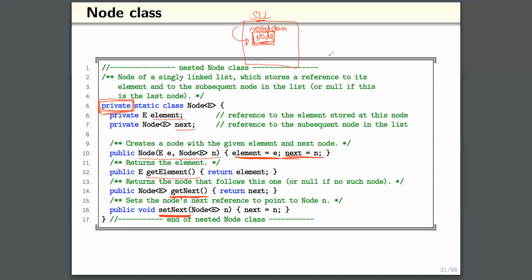But you see a lot of textbooks where node is outside SLL. Ideally, that does not satisfy this pure concept of encapsulation in object-oriented programming. Suppose you have a car class, it's better to have the engine class inside the car class, so that nobody can access this or change the values here. It's better to have this as a private class instead of a public class and outside. So that's the reason why we have it here.